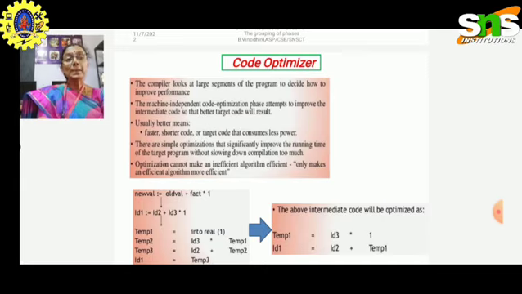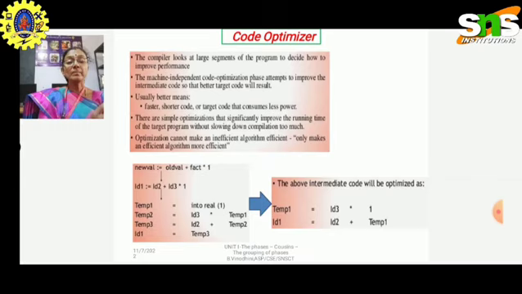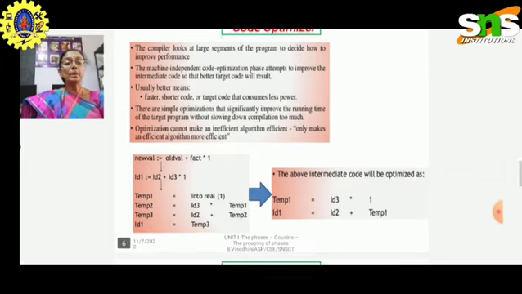The purpose of the code optimizer is to produce efficient code to improve performance. For example, if the previous three address code contains 4 statements, they could be reduced to 2. So the redundant computations are reduced in the code optimizer.